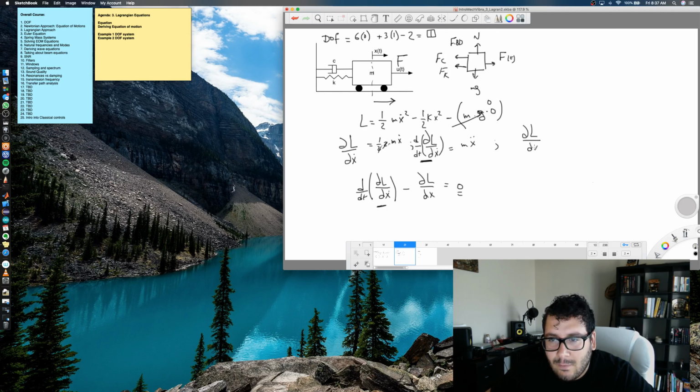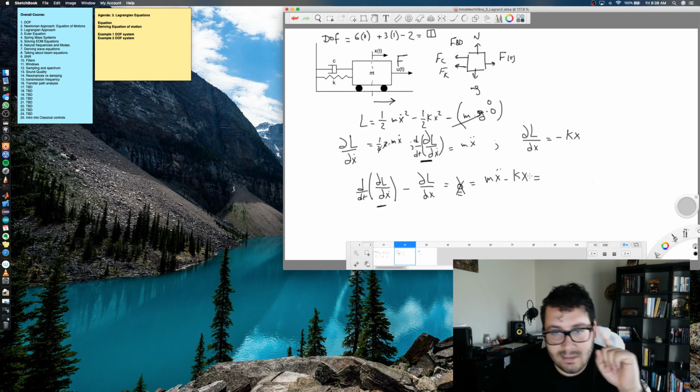Partial L over partial x is going to equal, again, this is going to be a constant, so I'm going to only have this term here, which is going to be my negative half times 2, which is 1, and then kx. So when I write this, it is equal to m x double dot minus kx, equal to, remember, the system is not being conserved.